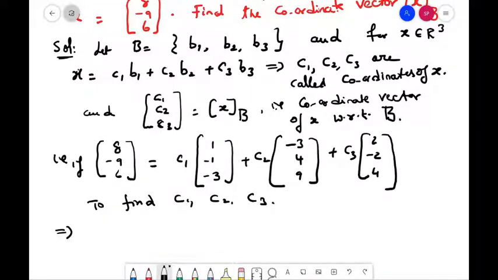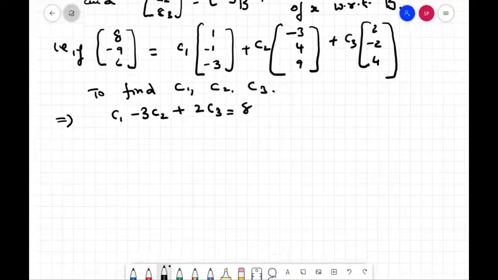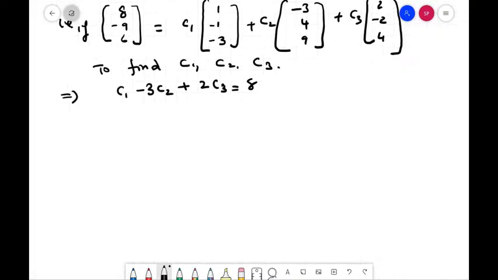If I write these as equations, what do I get? C1 minus 3C2 plus 2C3 is equal to 8. And then minus C1 plus 4C2 minus 2C3 is equal to minus 9.